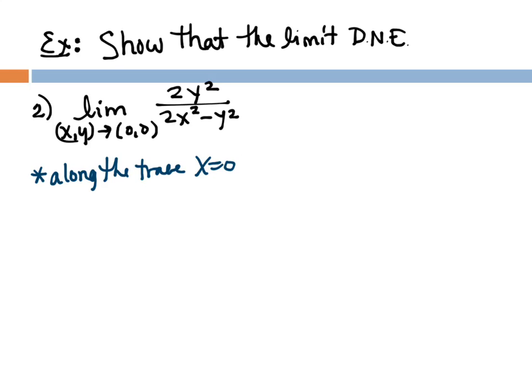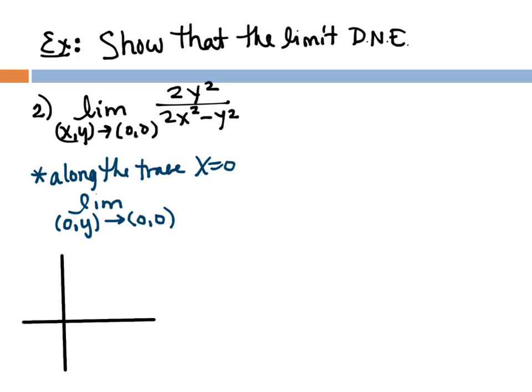If we're testing along the trace x equals 0, what it means is that I am setting the x value to be 0, and I'm going to approach the value (0, 0) along the trace of x equals 0. So in terms of a picture, if that helps you to think about it, we're trying to approach the value that's at the origin, right? This is where we're trying to get to.